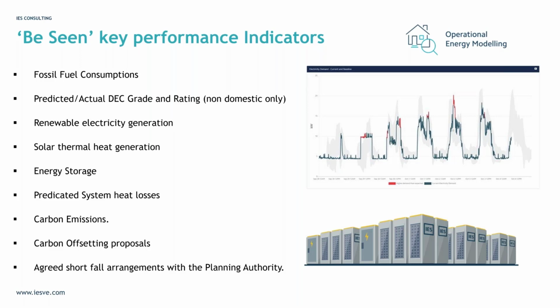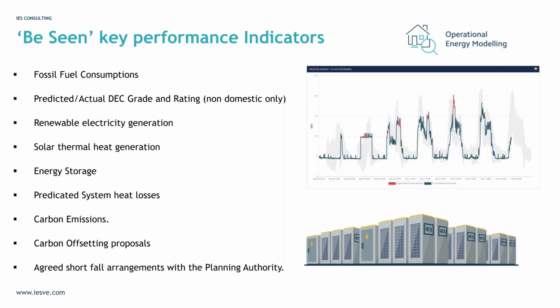But basically, it is required to report against various milestones and KPIs, such as development information, energy use, district heating import, predicted and actual DECs, renewable energy data, energy storage equipment and its capacity, estimates of carbon emissions, estimated carbon shortfalls, and agreed carbon offset with the local planning authority.